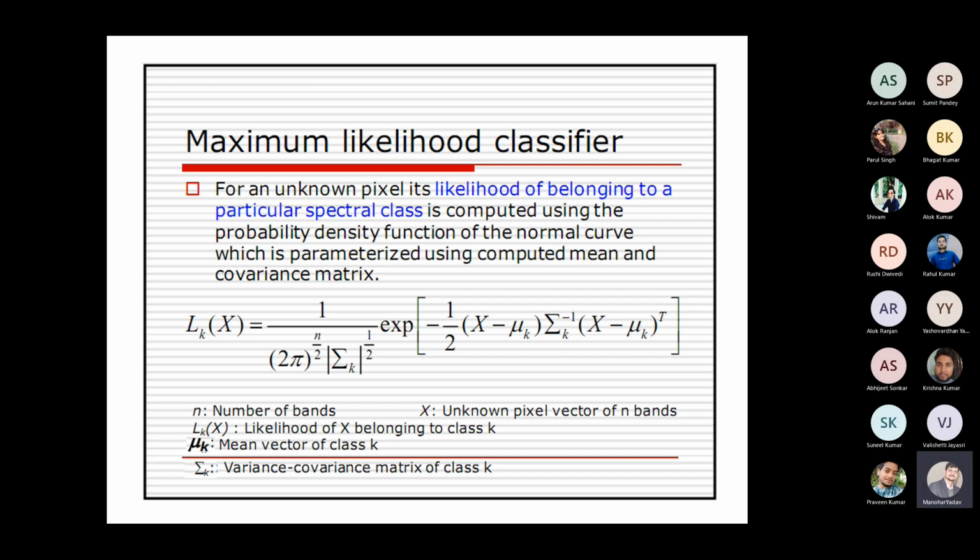In the previous cases, like the minimum distance to mean classifier, for computing the distance I considered the Mahalanobis distance, where we take into account the variance-covariance matrix.